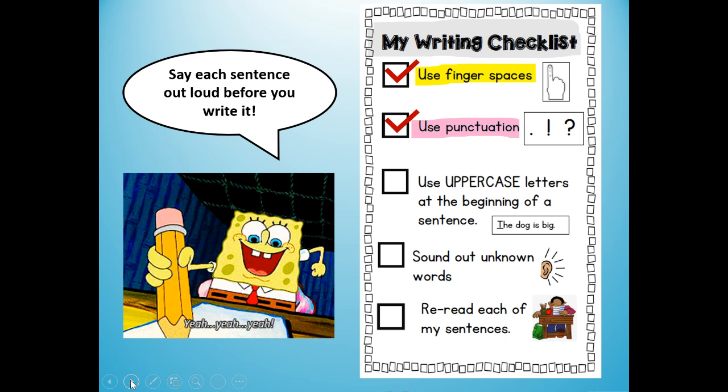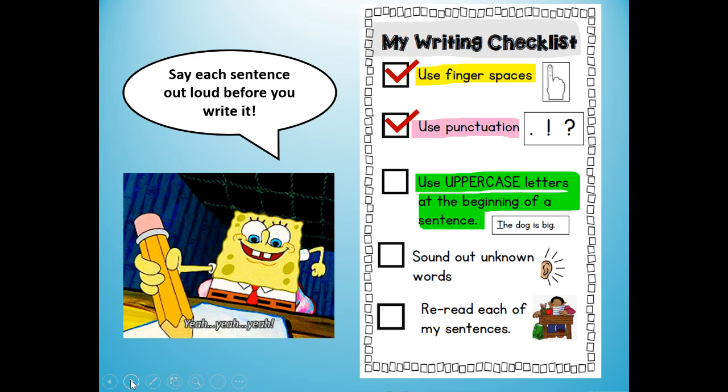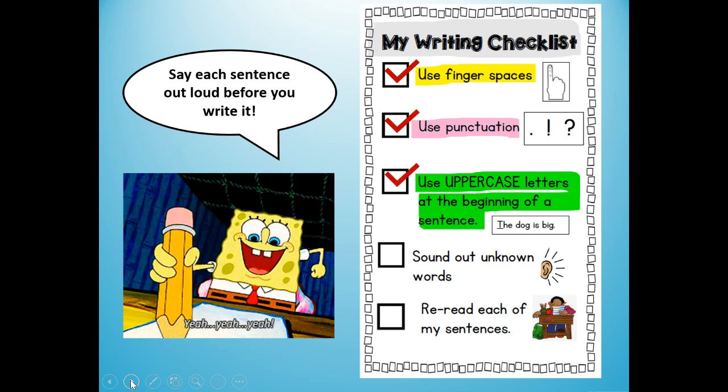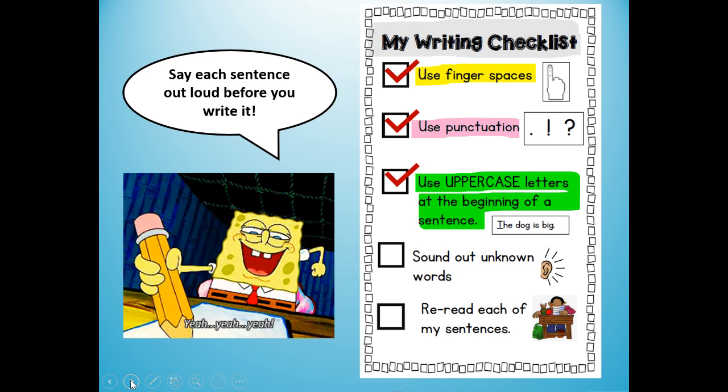And next, you use uppercase letters or capital letters at the beginning of a sentence. For example, the dog is big. You capitalize the T in the because that's the first letter in your sentence. So make sure you have uppercase or capital letters at the beginning of each of your three sentences.